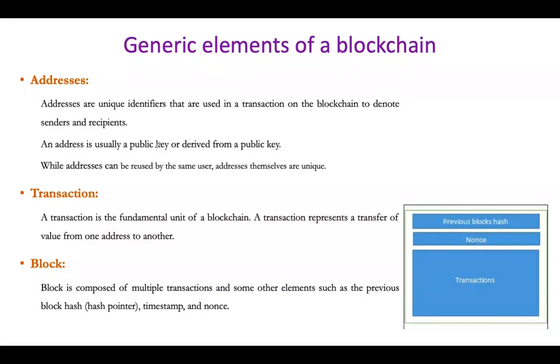An address is usually a public key, or derived from a public key, used to generate these hashes. While addresses can be reused by the same user, the addresses themselves are unique. In practice, a single user may not use the same address again and again, and generates a new one for each transaction.